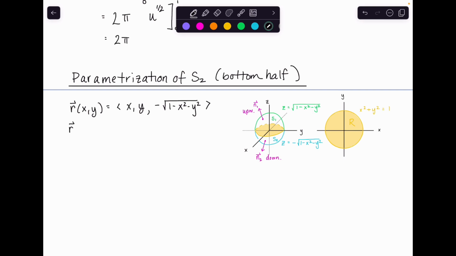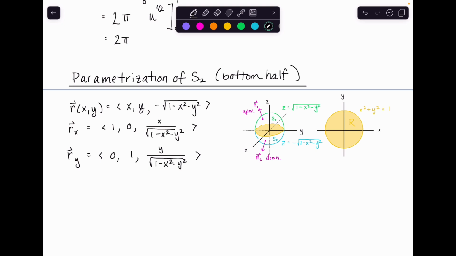So if you take the partial with respect to x, it will give you 1, 0. And then the only difference is that the minus sign pops out from the bottom, it'll cancel. So this will be x over the square root of 1 minus x squared minus y squared. And then likewise, the partial with respect to y is 0, 1, y over the square root of 1 minus x squared minus y squared.